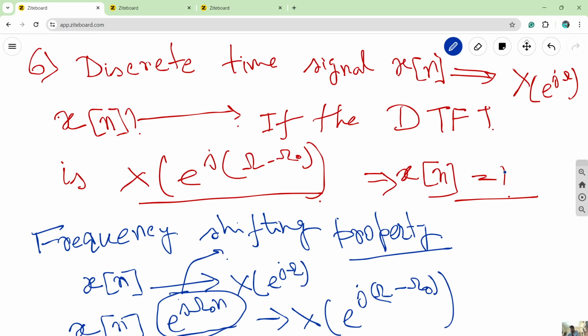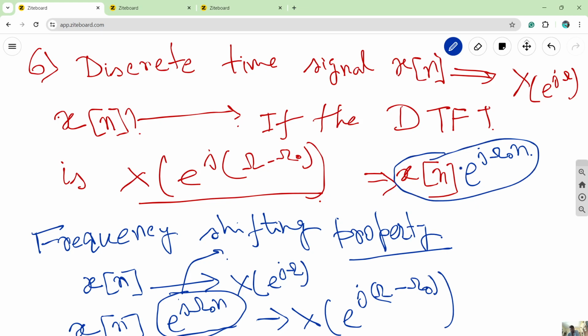So the answer is here. This is actually x of n into e to the power j omega 0 n, a frequency shift property. So this is the change.